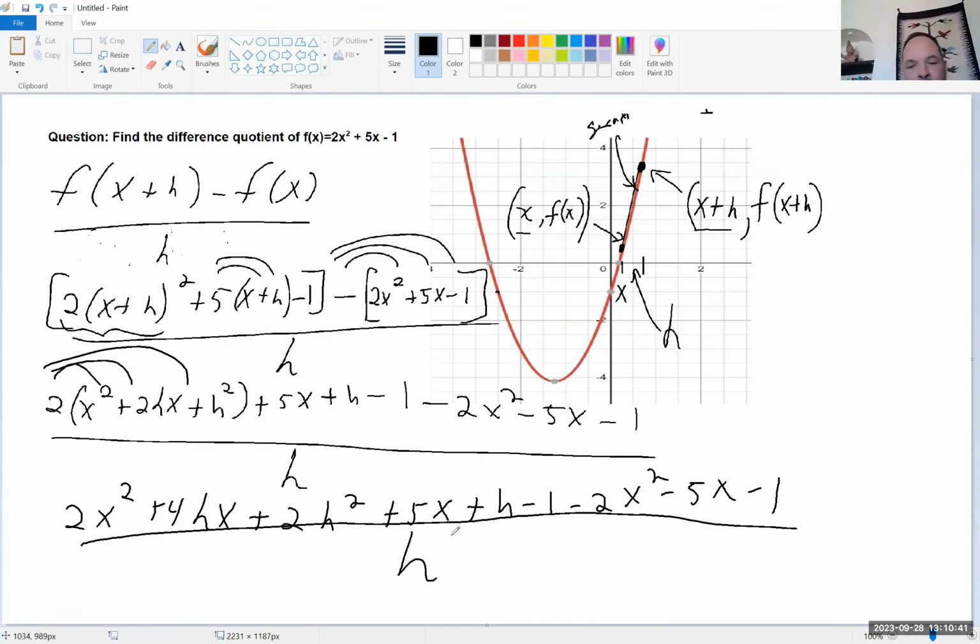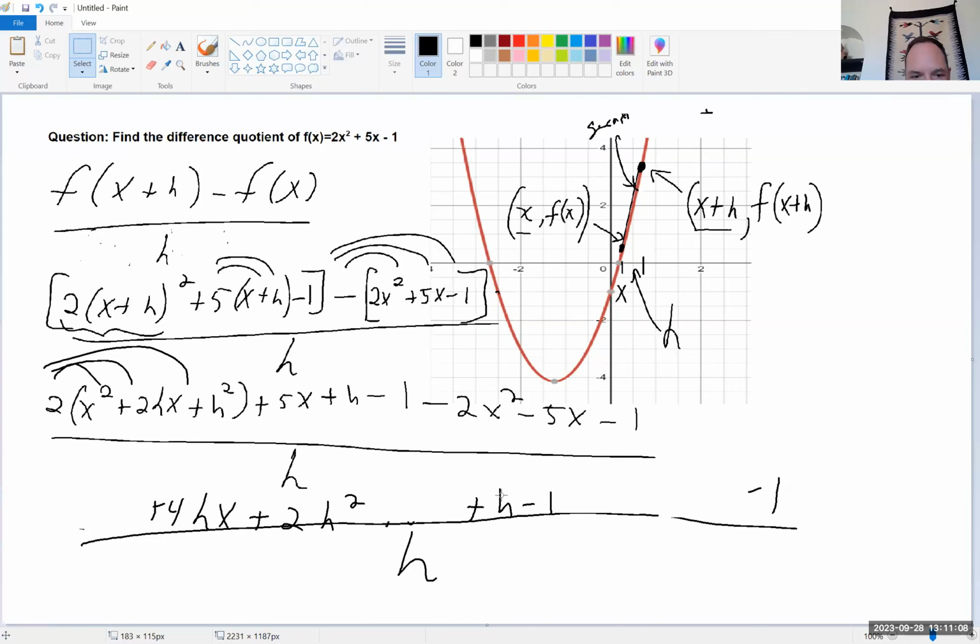Hopefully I've not made any mistakes, but this will cancel with this. The 5x and the minus 5x cancel.